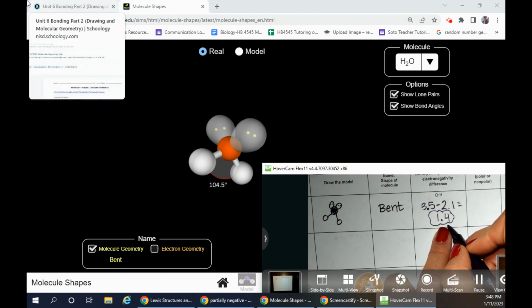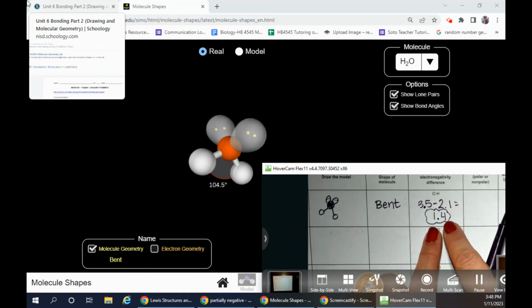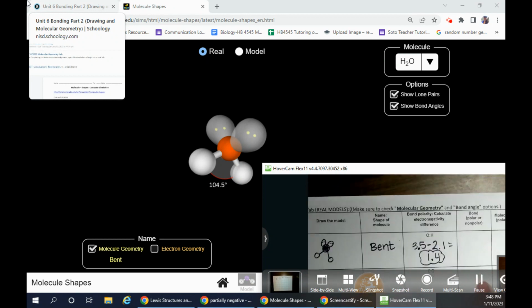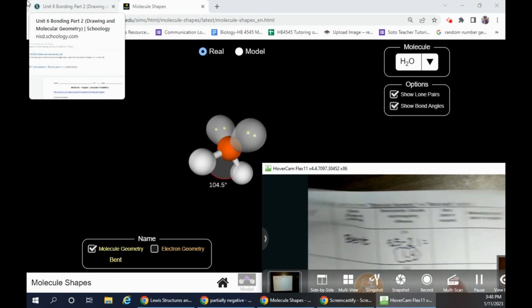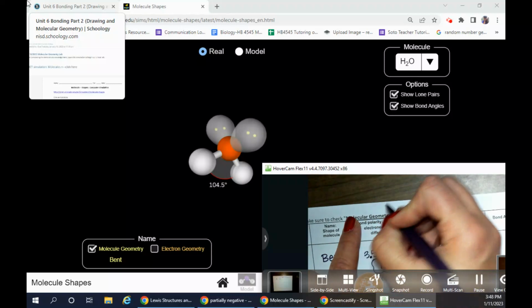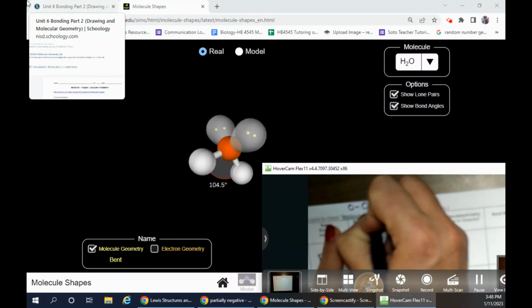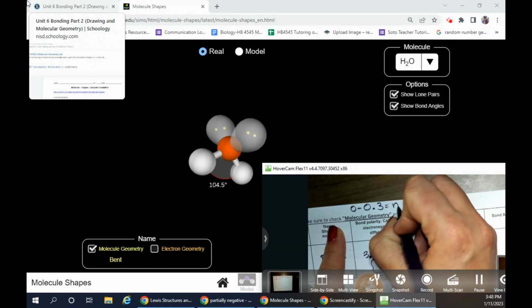All right, so at this part, you're going to be using this for deciding if the bond is polar or not. All right, now I was silly and I didn't add it to this one, so if you got a lab page from me today, you do have the spectrum, but most of you guys do not. So up at the top, if you don't mind writing in that little scale, you're basically 0 to 0.3, we're going to count as nonpolar.